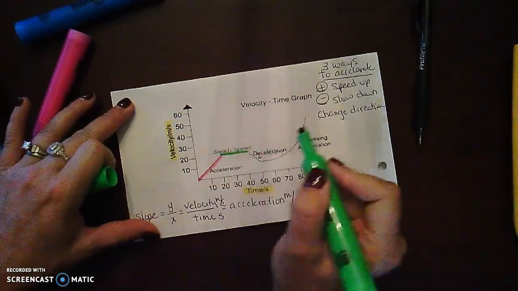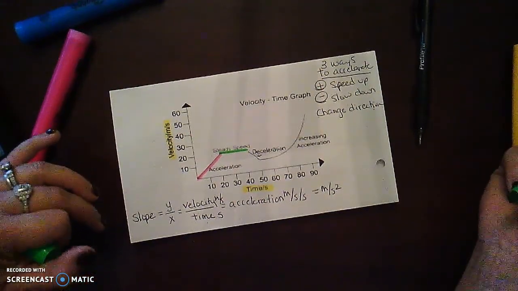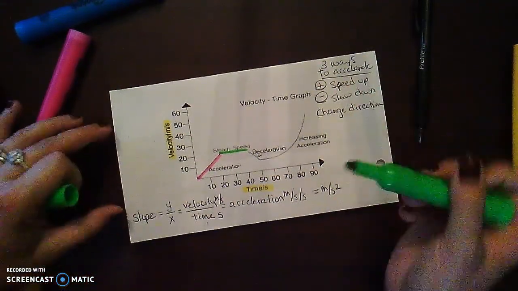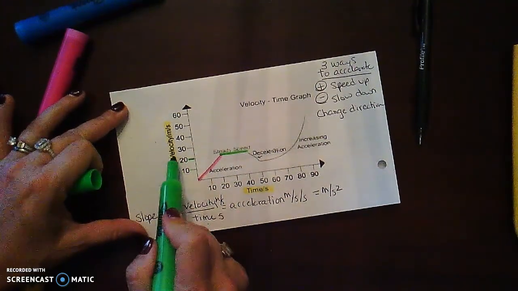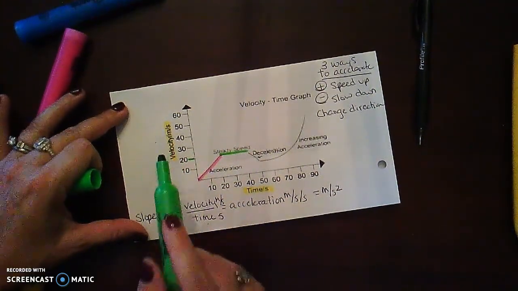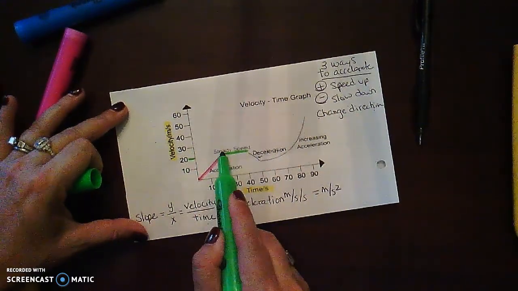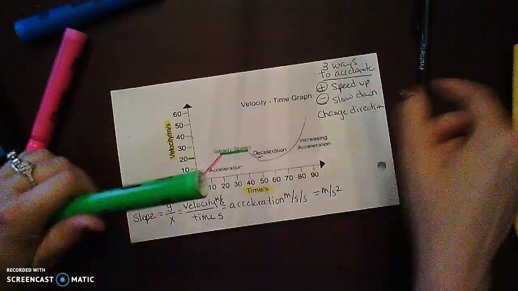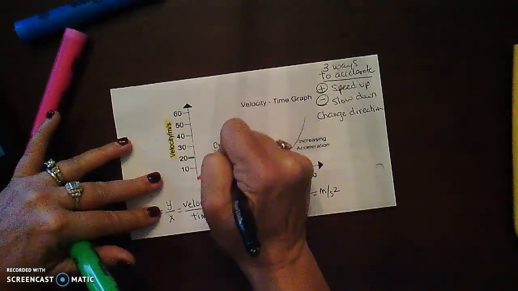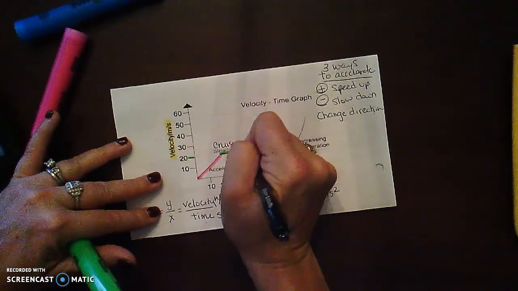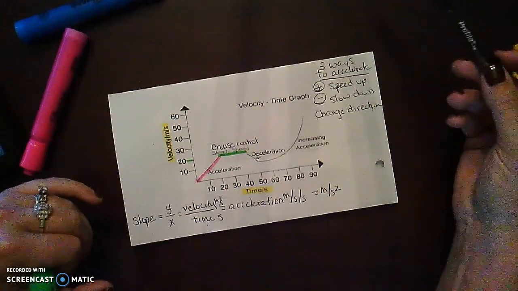Now, before, in the distance time graph, that meant that the object was stopped. But here, we can't be stopped because you'll see that the object is going a velocity of 20 meters per second. So they're still going. They're going 20 meters per second, but they're not speeding up or slowing down. They set their cruise control. They're going a constant speed.